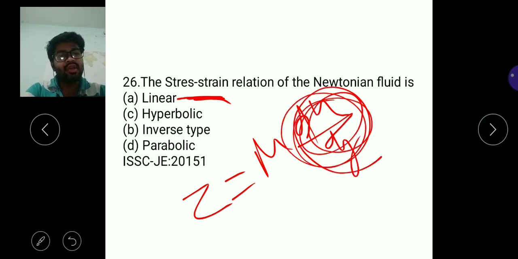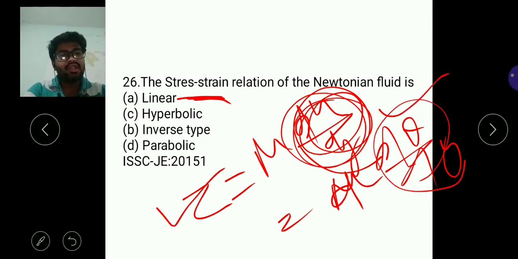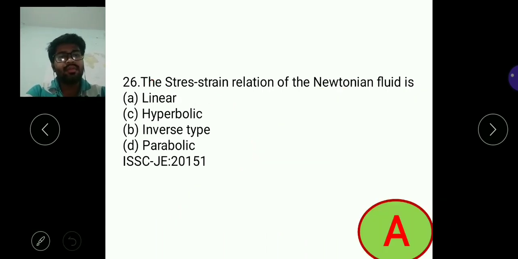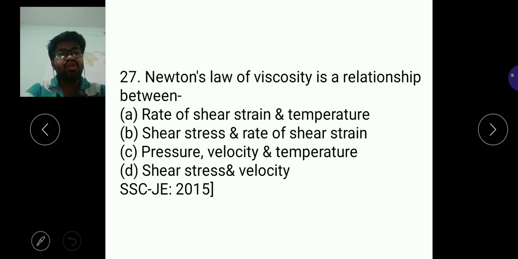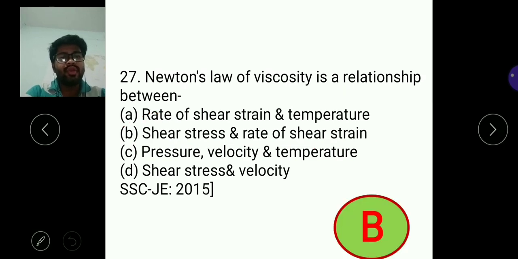Here we can represent this as mu into d theta by dt, rate of shear strain. So there is a linear relationship between shear stress and strain. So option A will be the correct one here. Then moving next, Newton's law of viscosity is a relationship between, as I already told you, shear stress and rate of shear strain. So B option will be correct.